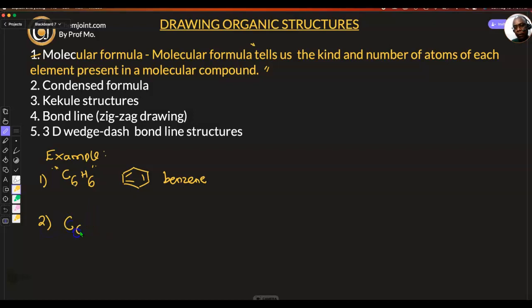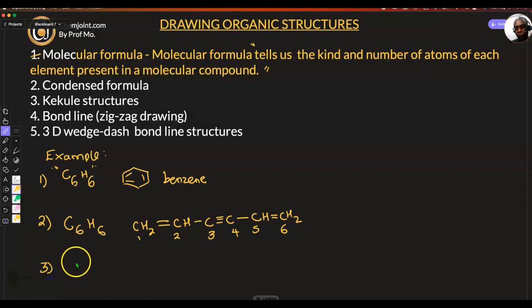Another one with a C6H6 could probably be this structure, with a CH2, a CH, with a triple bond, and then a CH, and then a CH2. 1, 2, 3, 4, 5, 6. So that one has 6 carbons and it still has 6 hydrogens. So you see, molecular formula can be misleading.